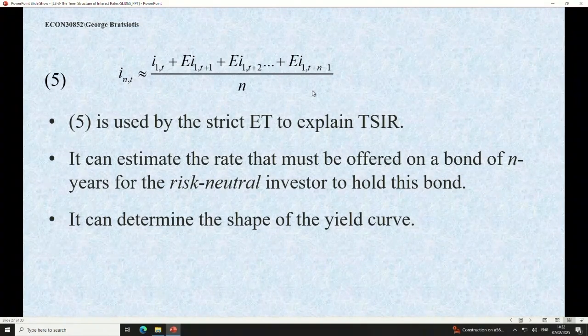So you take an average of, I repeat, you take an average of the current rate and all the expected rates you think you'll be getting in the one period rates, and that is really what the n-year bond is.